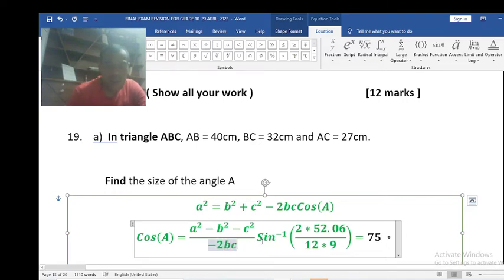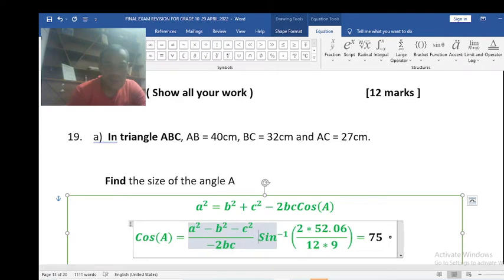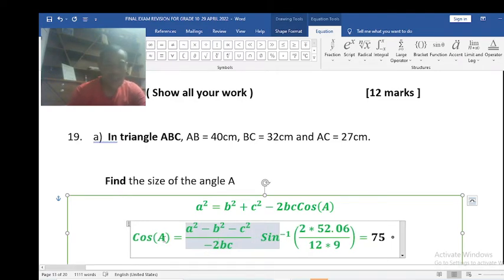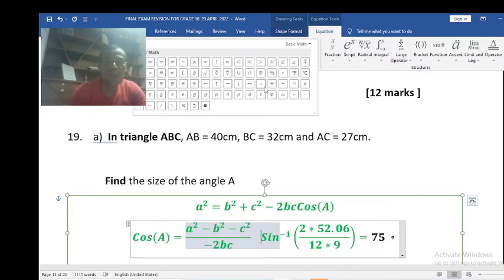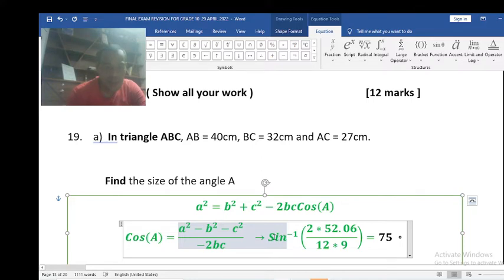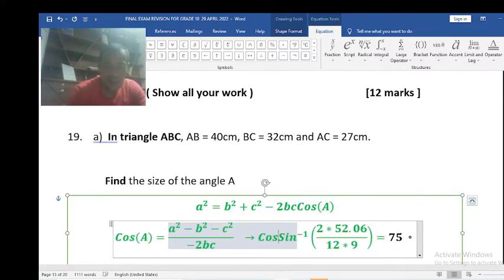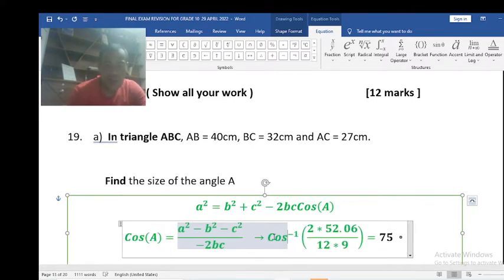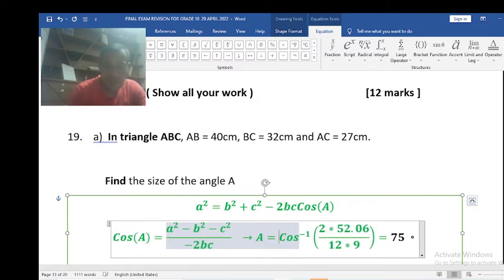Then, to find A, just make cosine minus 1, therefore A is equal to cosine minus 1 of this ratio.